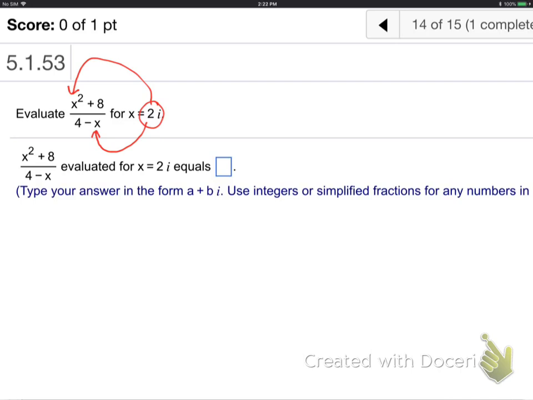The problem is, there's going to be parentheses around 2i. The 2i, the whole thing is squared. Yeah, like that. So what's that going to be?